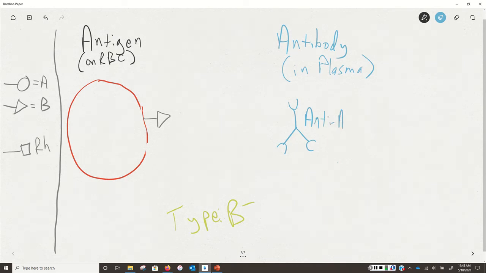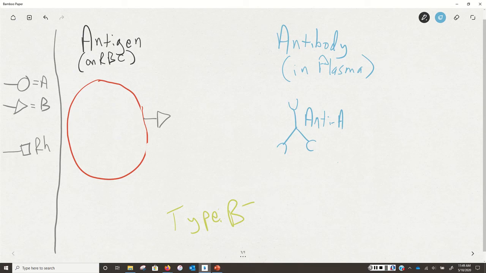Someone with blood type B should never have A antigens, so they have anti-A antibodies. They should also never have Rh antigens, so it seems like they should have anti-Rh antibodies, but they're not born with them. And they could potentially live their entire life and never have anti-Rh antibodies.